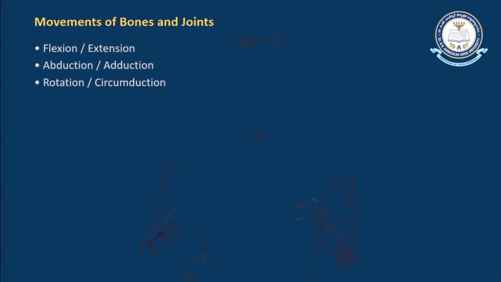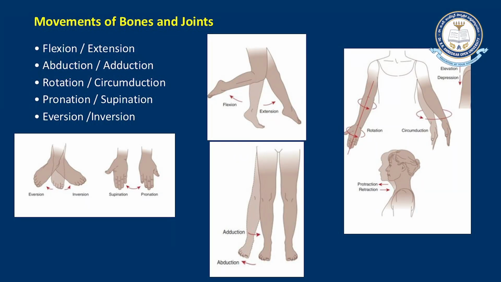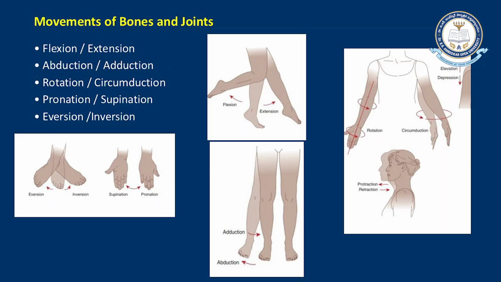That kind of freedom is limited only to a few joints, and that has really helped us human beings reach where we are now because of this kind of movement of the bones and joints, isn't it? Yes. So here you can see the photo.